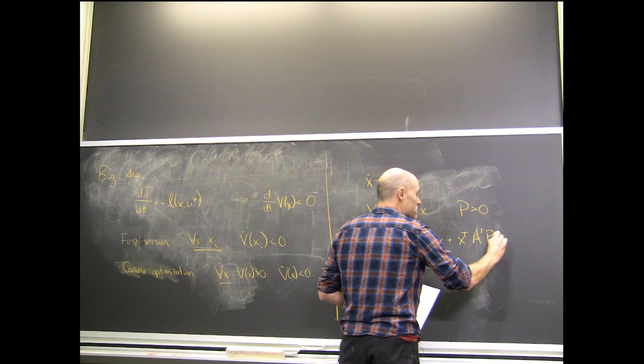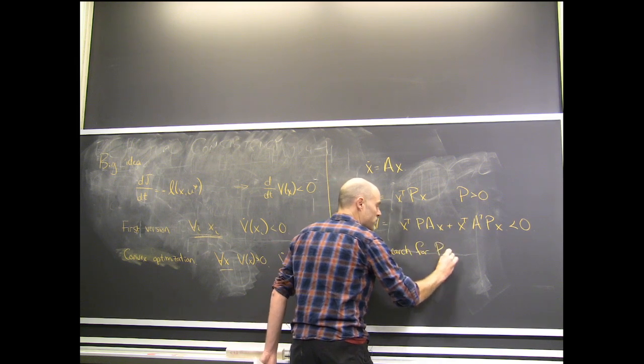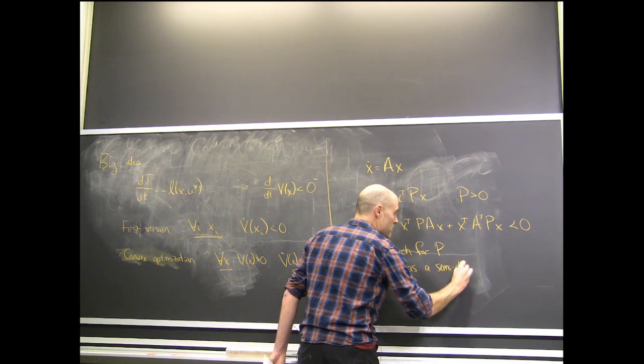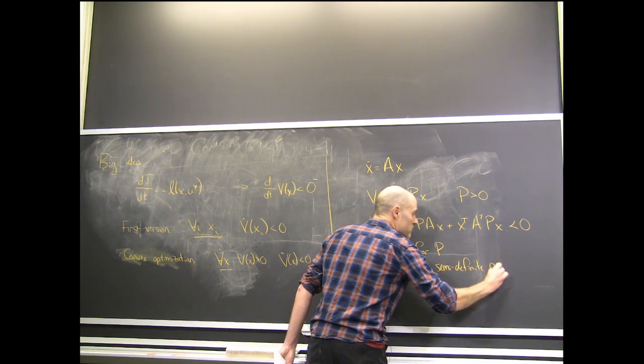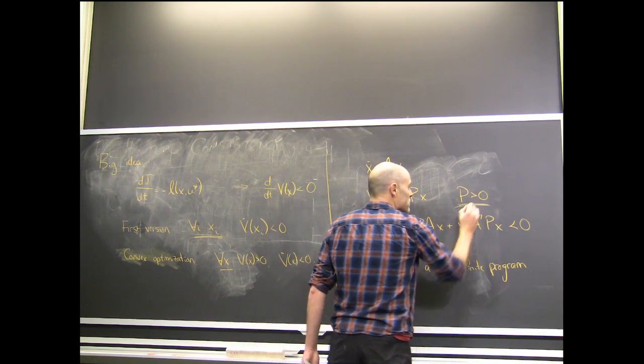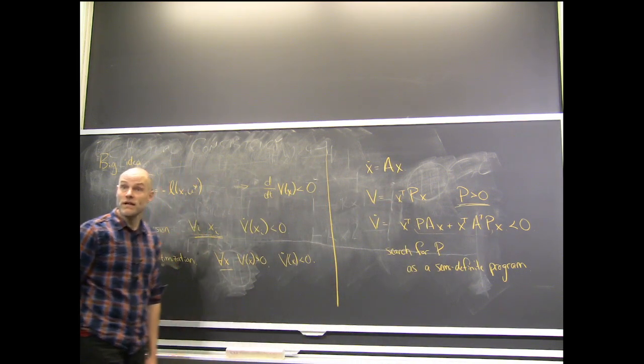I put a note about that on Piazza, about going from there to there. It turns out I could write that as a semi-definite program, searching for a P. This is one semi-definite constraint, and then this other one in the middle also became a semi-definite constraint.